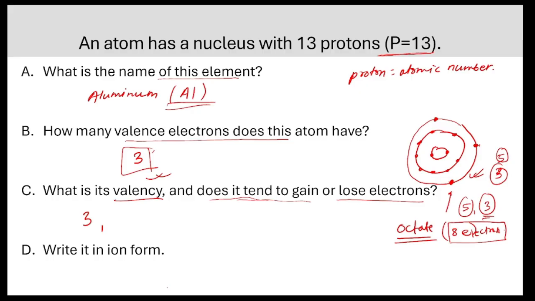That means the net charge of this atom will be positive. So we can write aluminium 3 plus, and this is the answer for this question, written in ion form. So aluminium has 3 charges, and since it tends to lose electrons, they are positive.